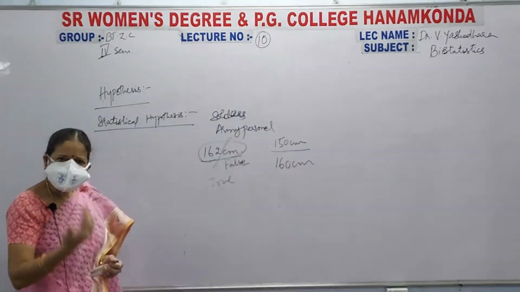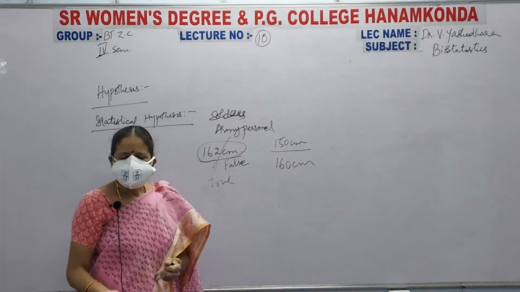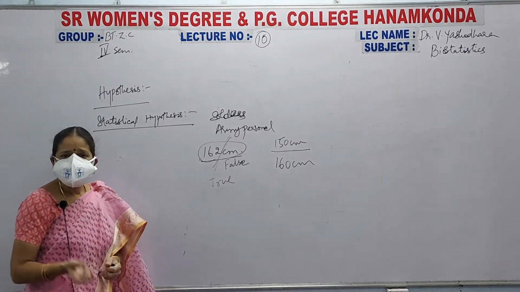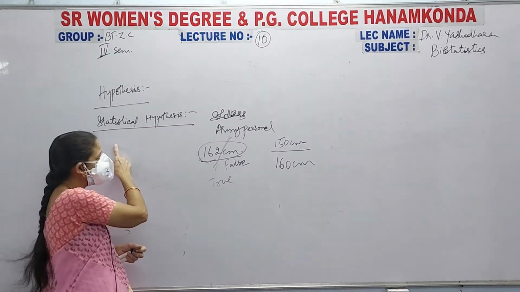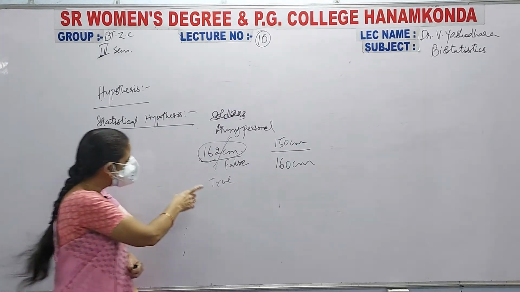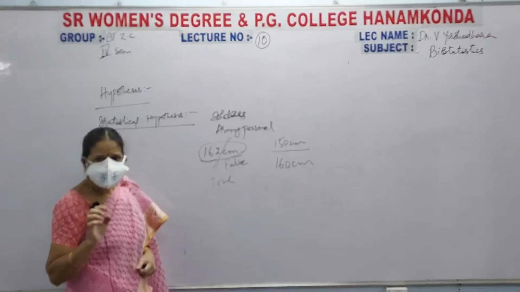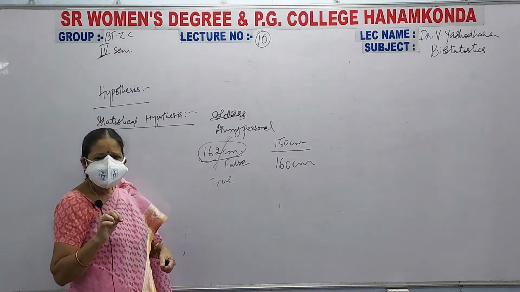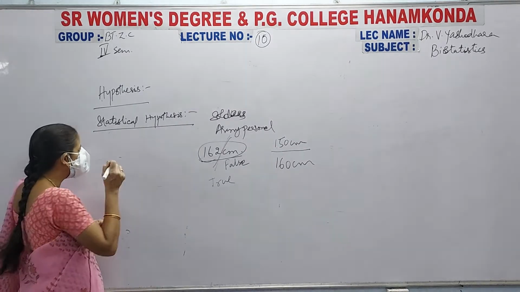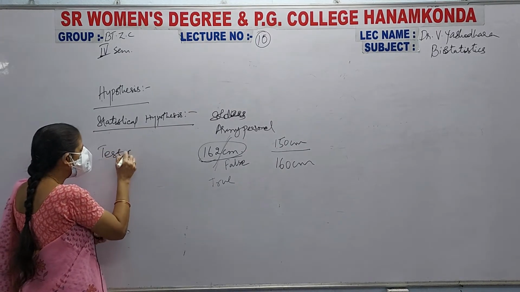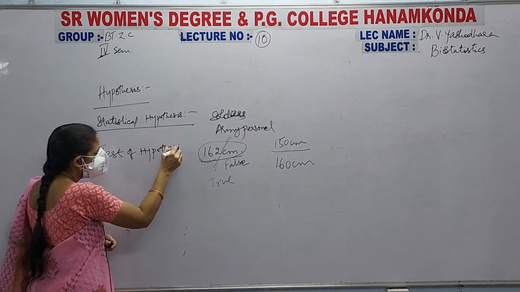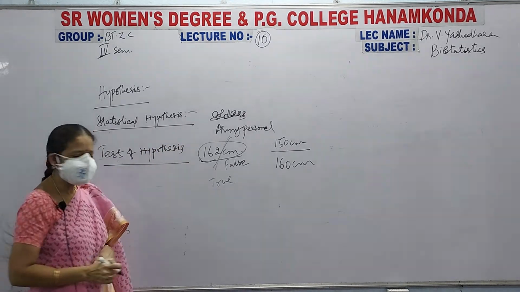Once you give a statistical hypothesis, you have to check whether the statistical hypothesis given by you is true or false. You have to check it. For checking whether our statistical hypothesis is true or false, we have to go for test of hypothesis.